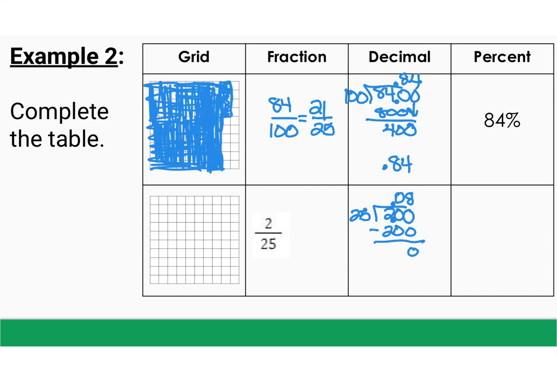I subtract and I get 0. So my decimal is 0.08. If I multiplied 0.08 times 100, that's going to be 8%. So what would I shade here? So if it's 8%, that means 8 out of 100. So I can shade 8 squares.